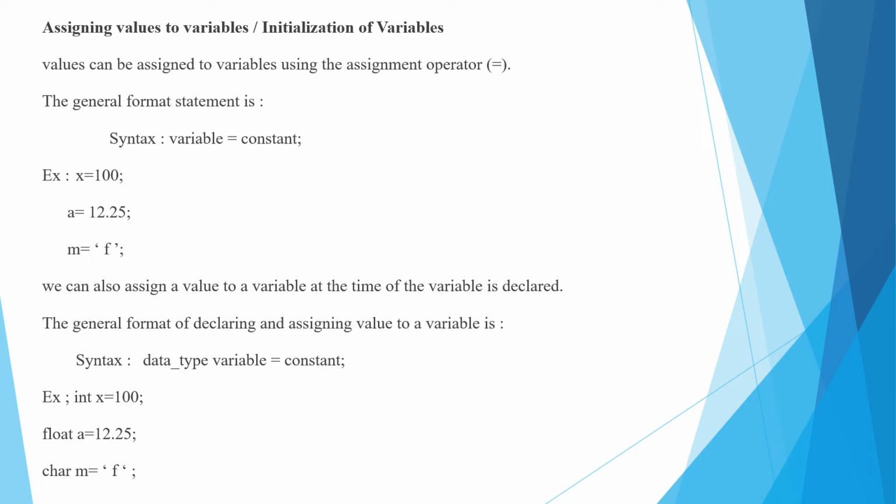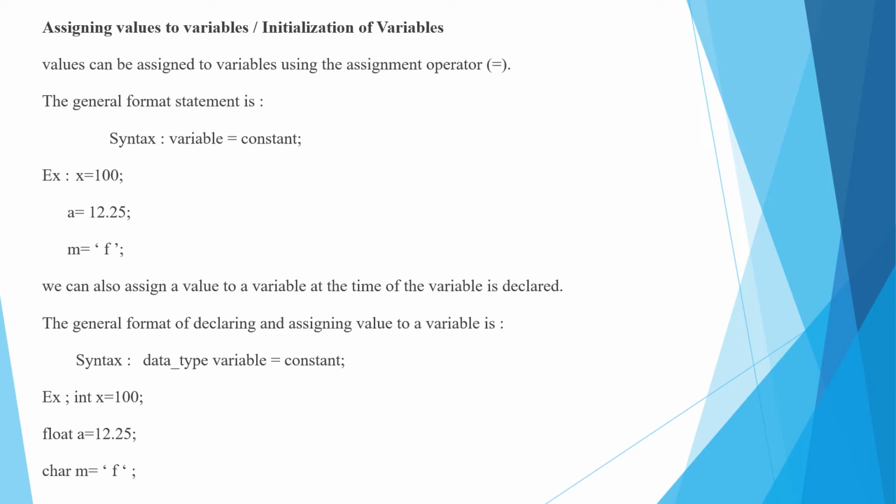The general format is variable equal to constant or value. Example is x = 100. 100 is a value which is assigned to the variable x. Example 2, 12.25 is a value which is assigned to the variable a. f is a character value which is assigned to the variable m.